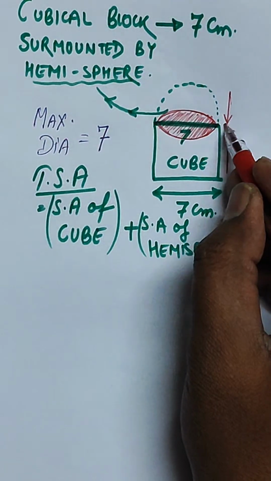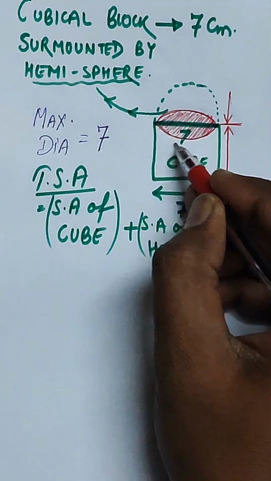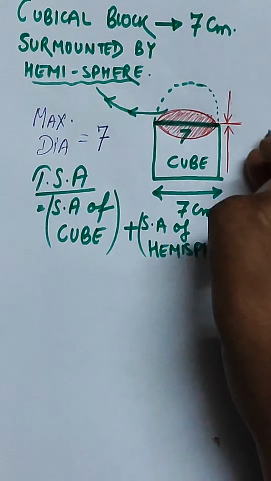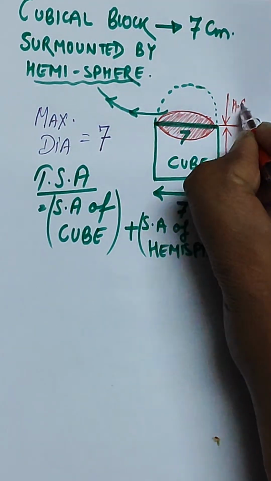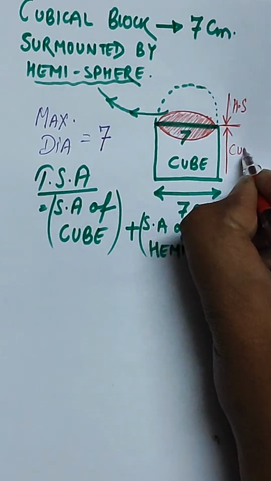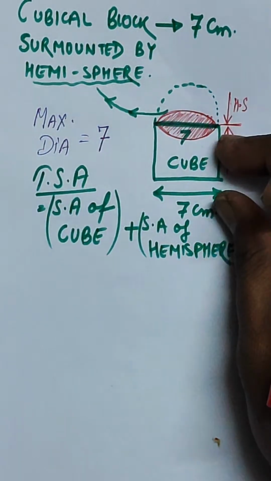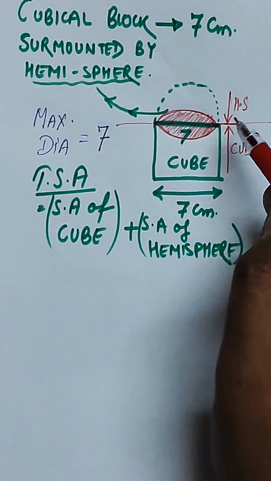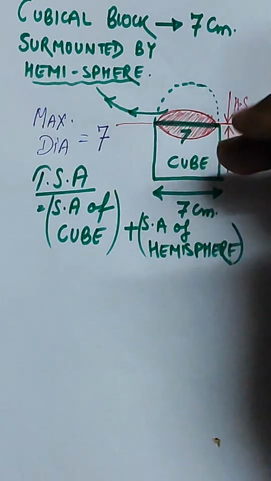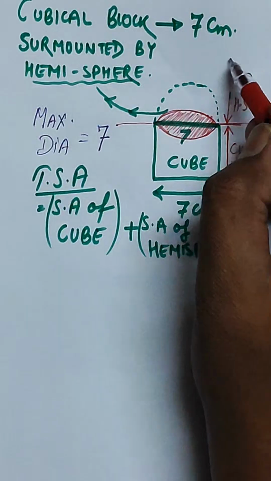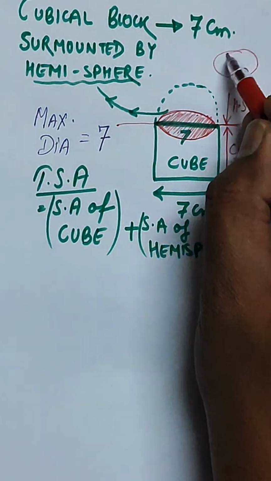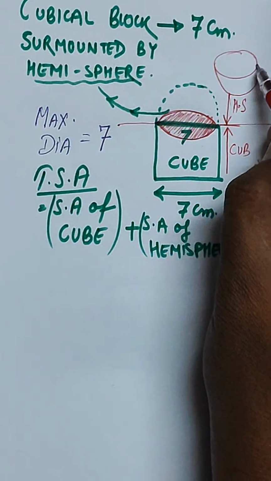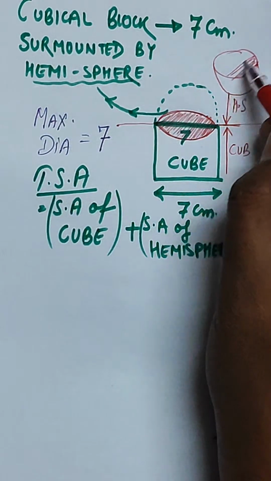So I'm saying at this point this circle is lying. If this is the hemisphere portion and this is the cube, and you cut a slice from here and reverse the hemisphere, you can see the hemisphere bottom is like this. So we need to remove this portion.